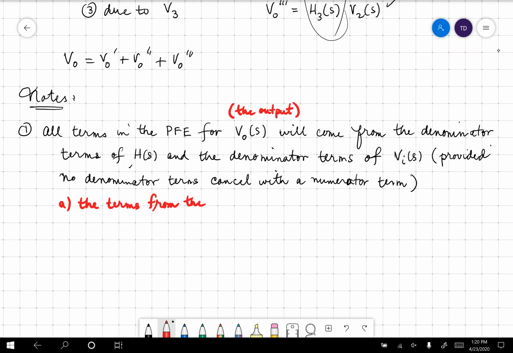So the terms from the denominator of H of S, those are the homogeneous or the natural response.